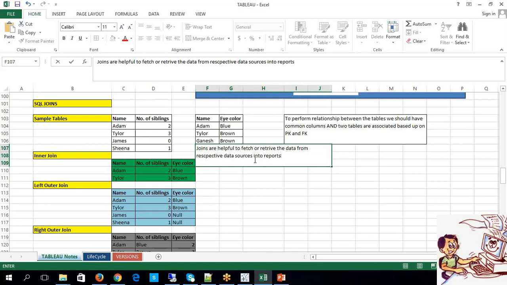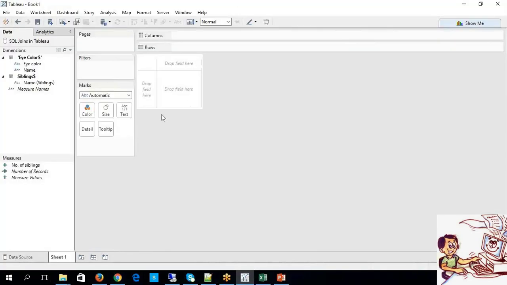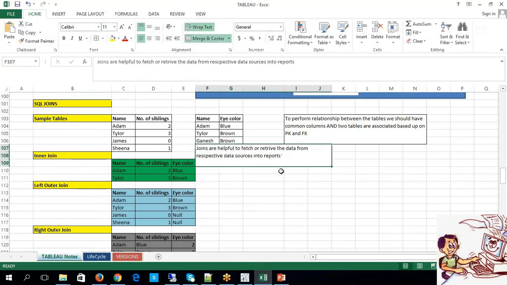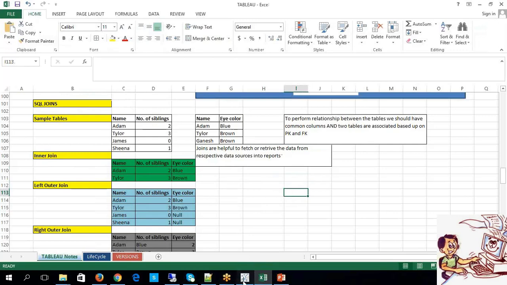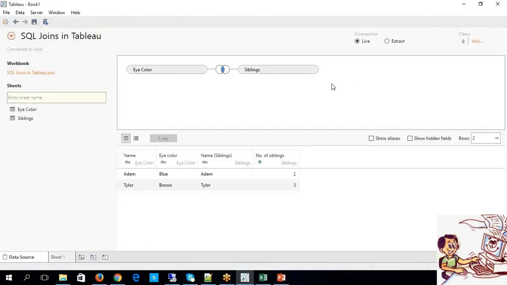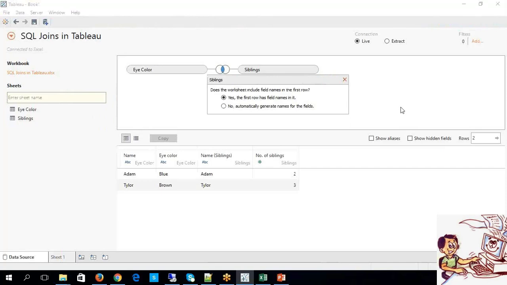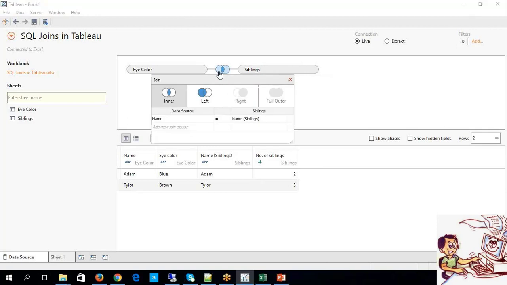Into report in the sense our report here, that is, into the worksheet I can say. See this worksheet. Right guys, so these joins are a compulsion. Whenever you are trying to work between sources of data, the joins are compulsory.